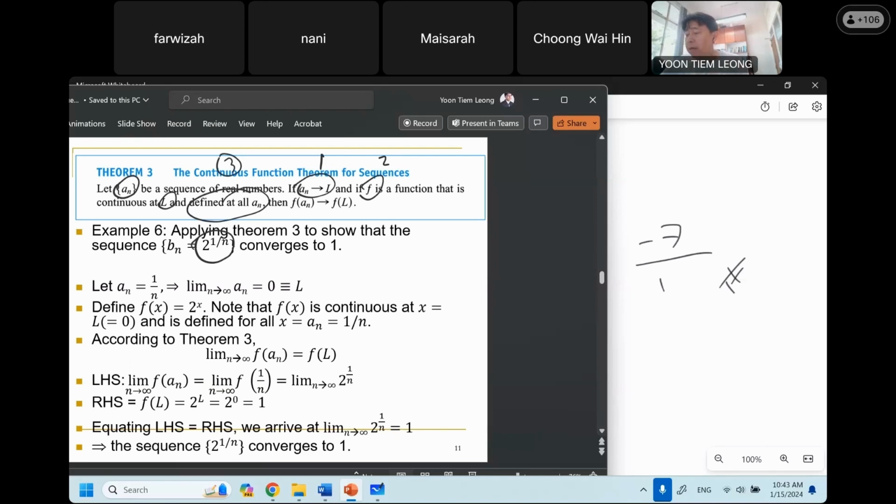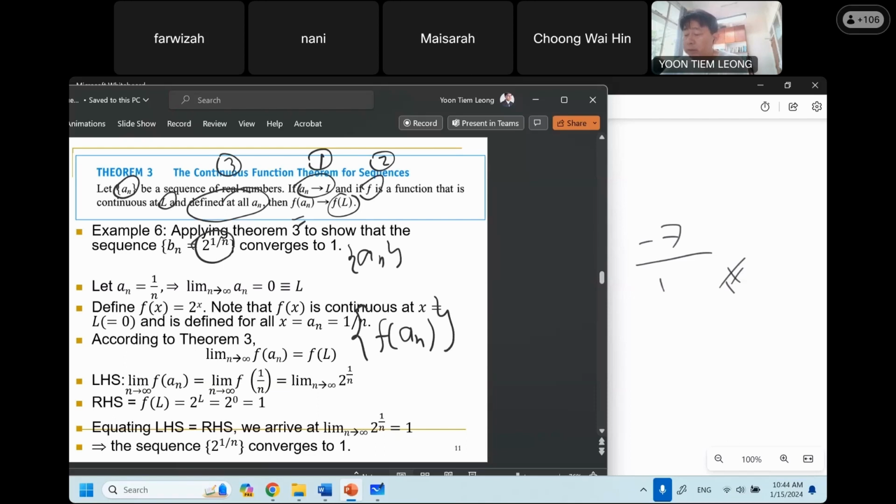then the limit of the sequence f of a_n is just given by the function f evaluated at L. So in this sense, you can think of a_n as a sequence, and you can imagine that each term a_n is slotted into the function f. Since n runs from 1, 2, 3, 4, 5, you can imagine that the function values with argument a_n also form another sequence.